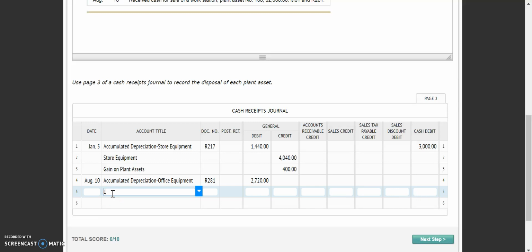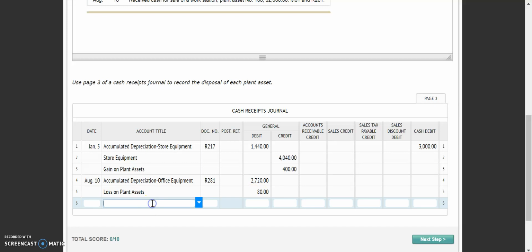I guess we'll put our loss first. I think they'll let you do it if it's backwards, but I'm going to do it this way because I'm pretty sure it's alphabetical. So our loss is actually going to be debited because remember, loss on plant assets is actually an expense. So expenses increase with debits, decrease with credits.